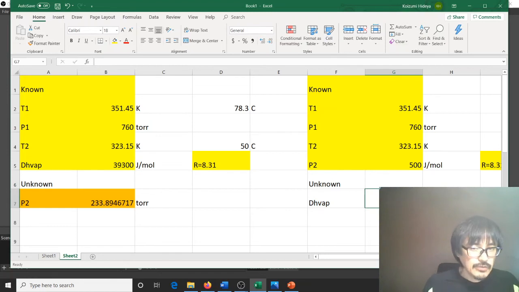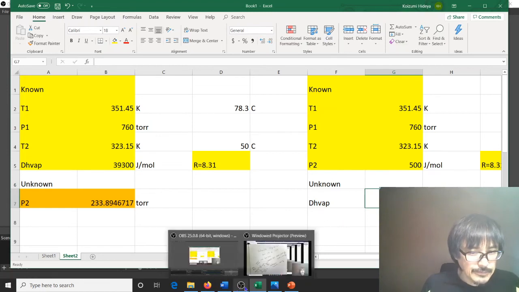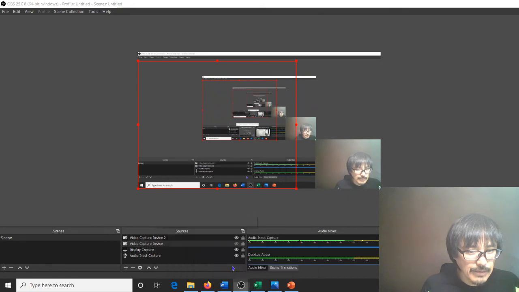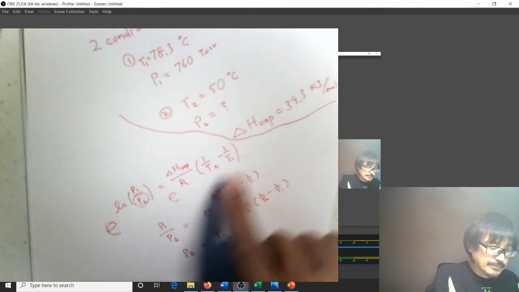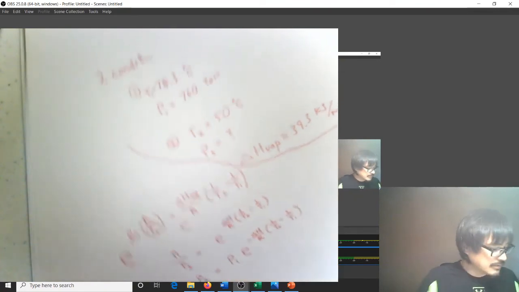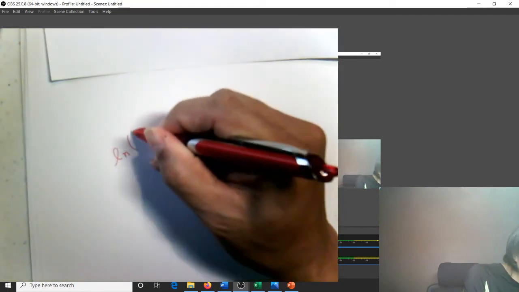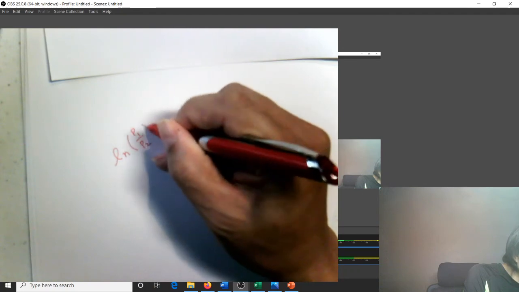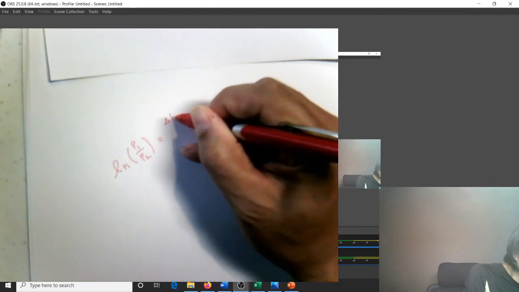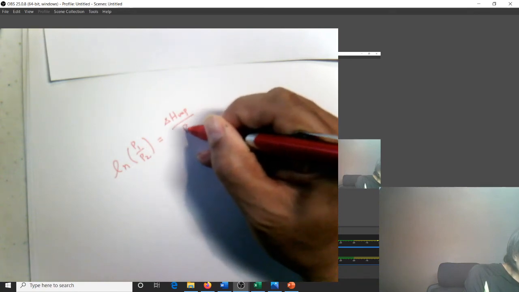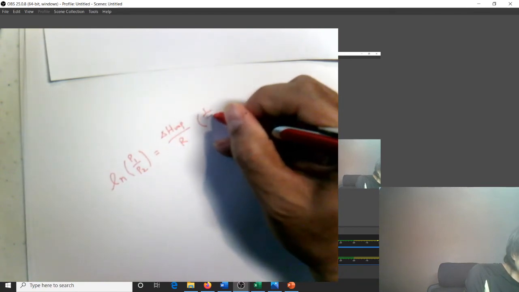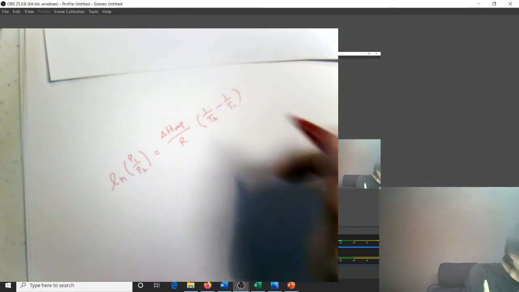Then what you need to do is once again go back to the paper and solve this particular formula. Let me write out another one, which is log of P1 over P2 is equal to delta H vap divided by R of the T2 minus T1.